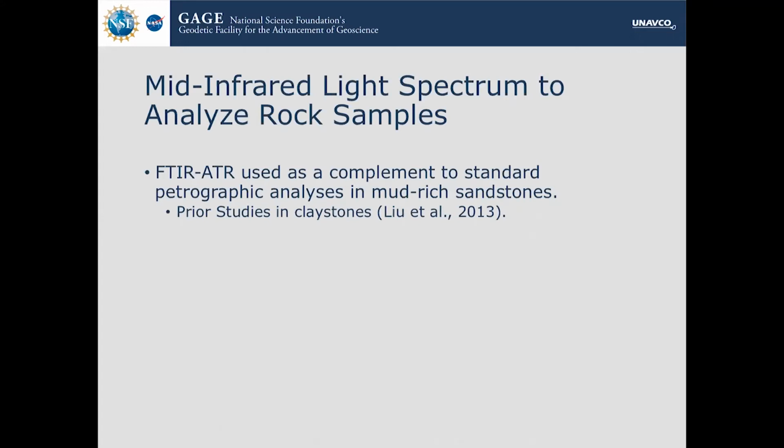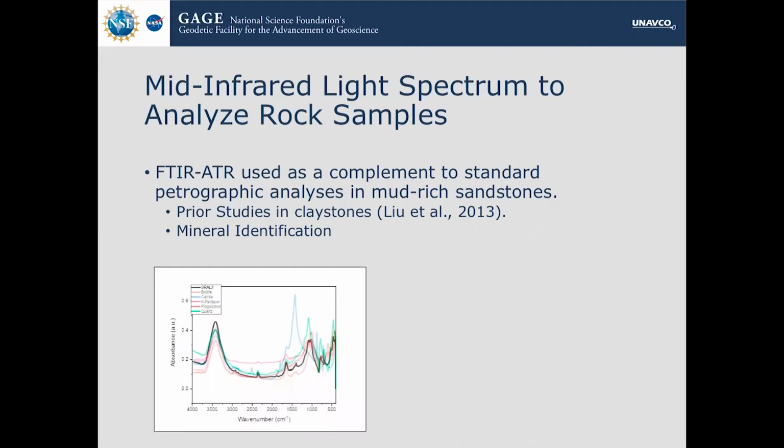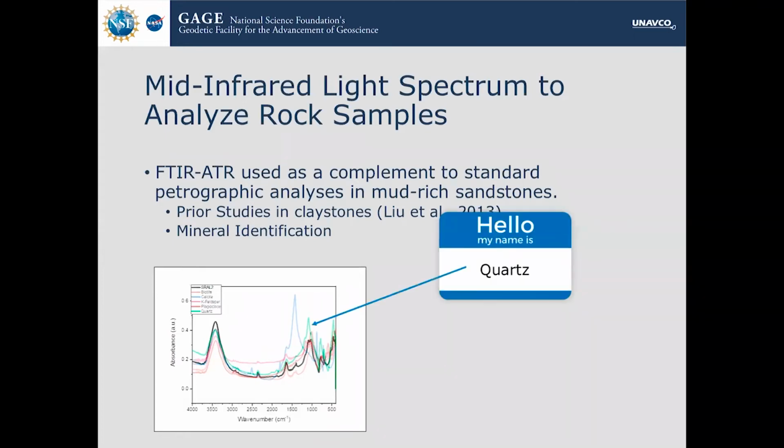There have been prior studies done in claystones, which are basically all fine-grained, very mud-sized grains in the rocks. But I wanted to apply it to fine sandstones, the mud in the coarser fine sandstones. The way to do that is first to run the spectra, identify the minerals in the spectra, and this one right there is quartz.